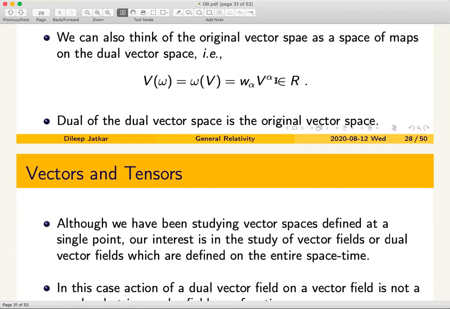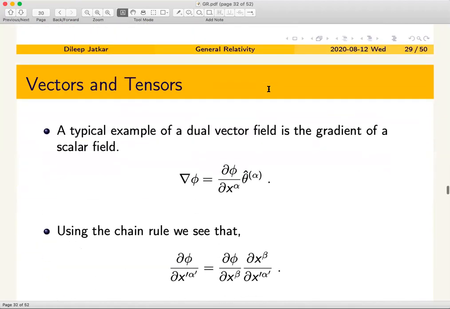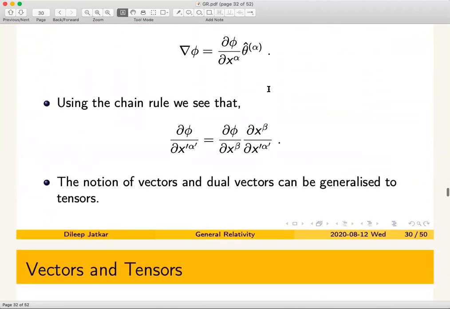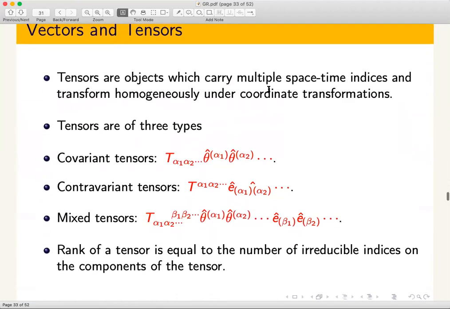Then you have multiple possibilities: both alpha and beta contravariant, or both alpha and beta covariant, or alpha contravariant and beta covariant. That possibility, which exists for a generic tensor, does not exist for vectors. So we categorize tensors into three types.